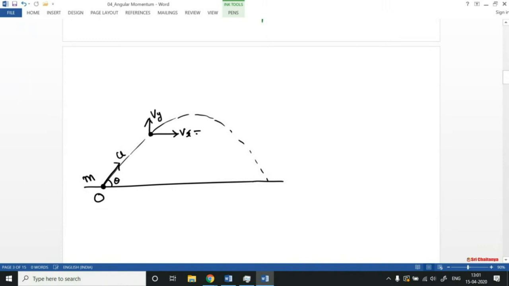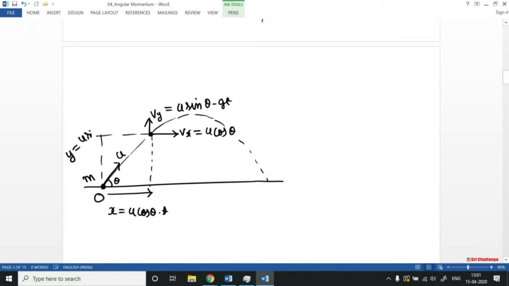So its velocity will become Vx and Vy respectively. Vx we can write very well: that would be simply u cos theta, and Vy we can write as u sin theta minus gt. And looking at its position, its x coordinate will become u cos theta into t, and its y coordinate will become u sin theta into t minus half g t square.